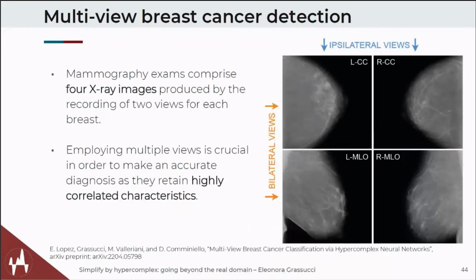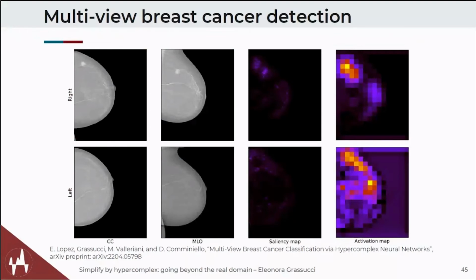We have a complete view of the exam. Here I report just a figure, but basically we exploit the hypercomplex algebra properties and the PHC layer to model these multiple views as a single entity, exploiting correlations among the views to have a complete view over the exam.